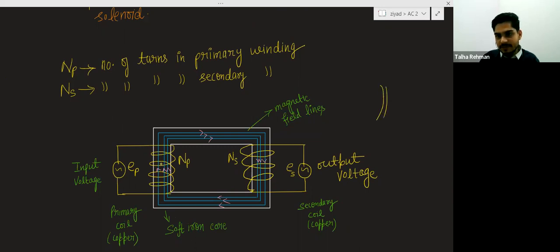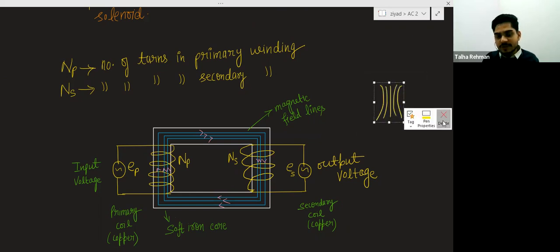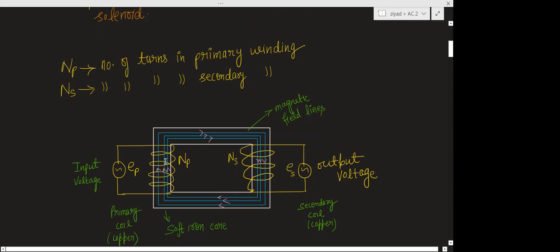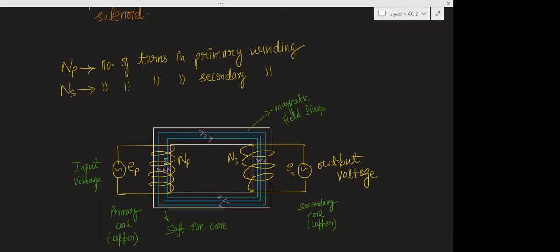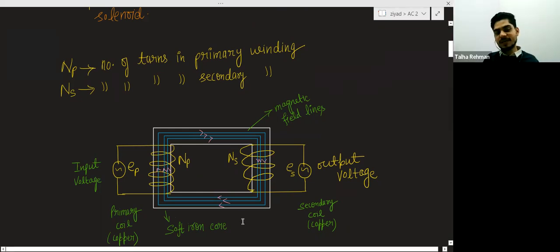So these magnetic field lines will not be straight lines. There will be some flux leakage here, as the magnetic field is not perfectly axial.